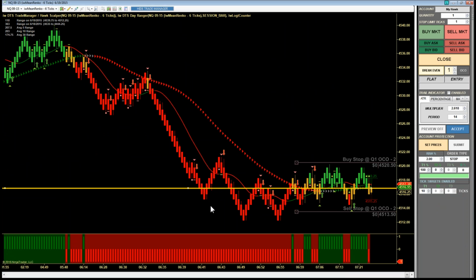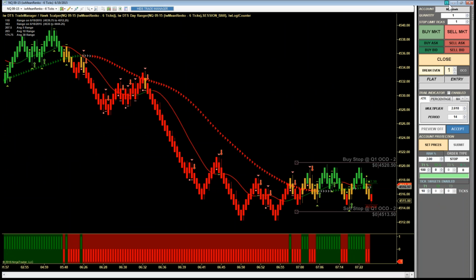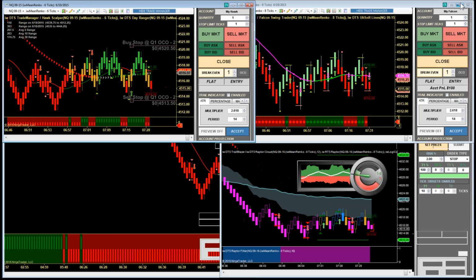And you can see why they call it barbed wire, because it looks like the market is trading like barbed wire. It's like they say, flat is a position too, right? You don't always have to be in the market.